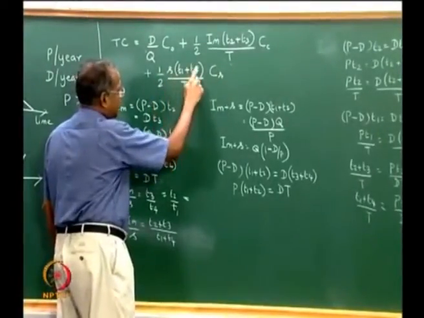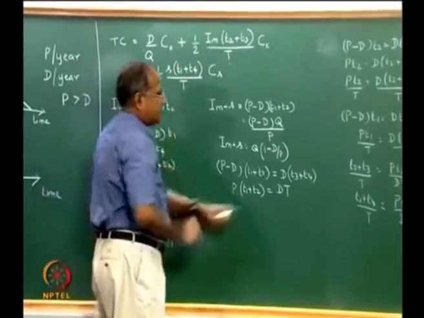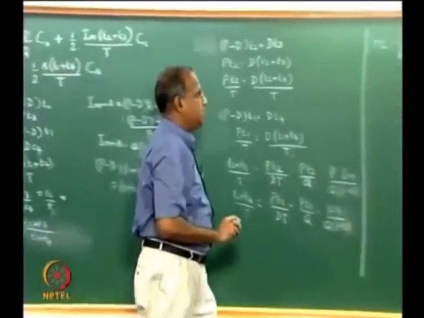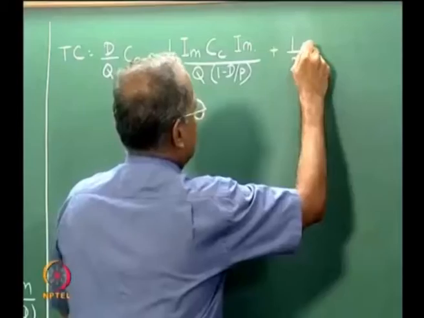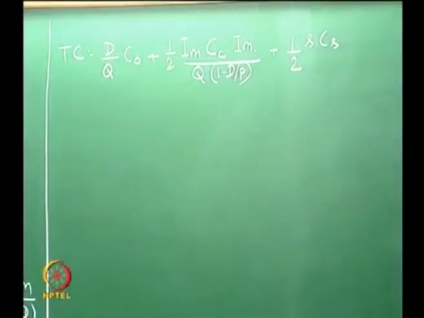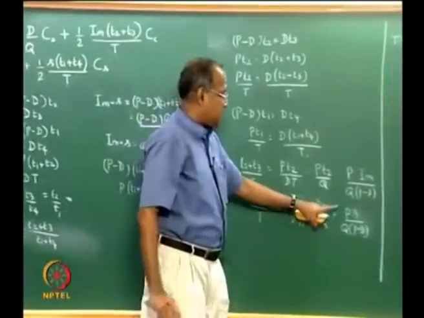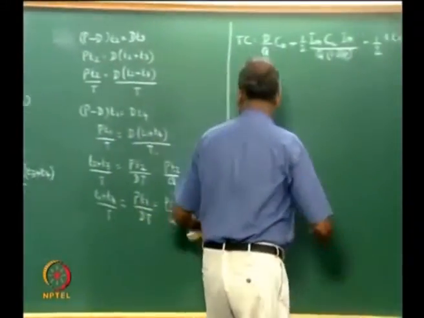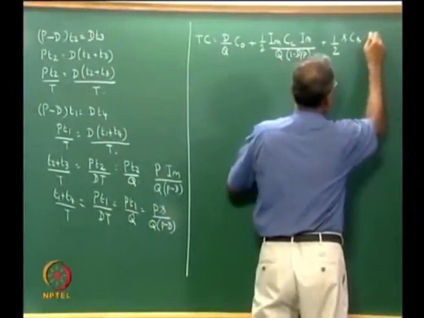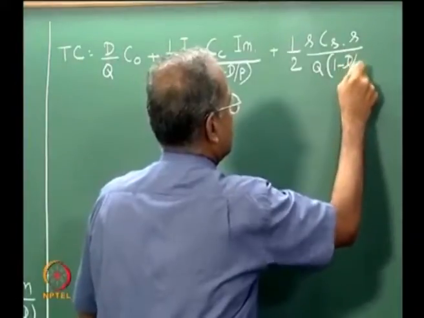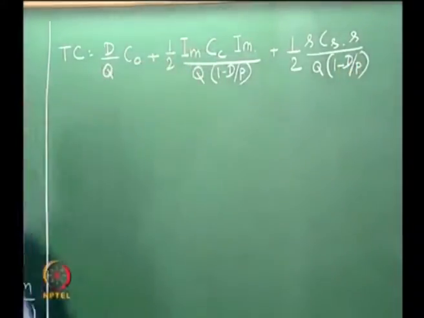So, (T1 plus T4) by T we write from here. So, we have S by 2 into Cs into (T1 plus T4) by T, which is Ps by Q into P minus D. So, this is written as once again S by Q into 1 minus D by P.